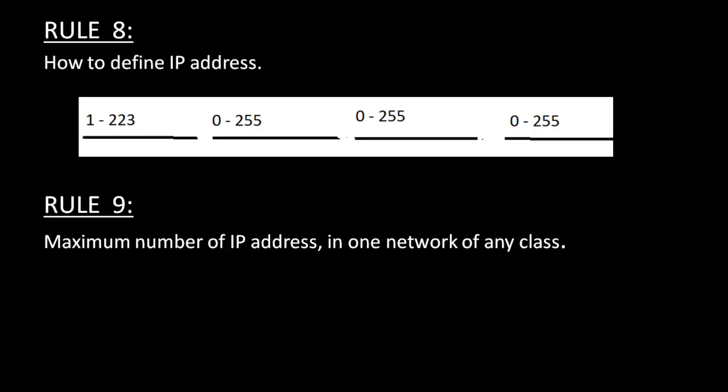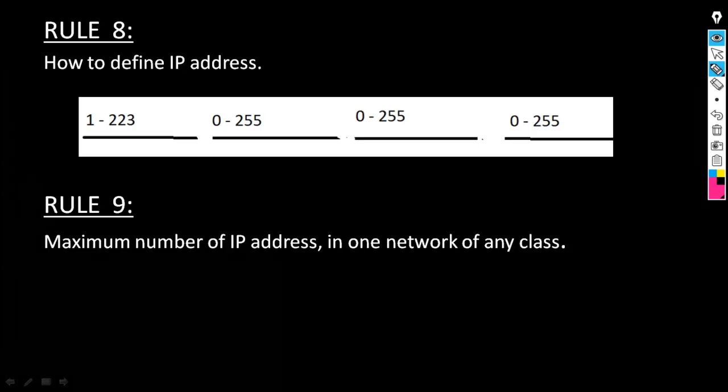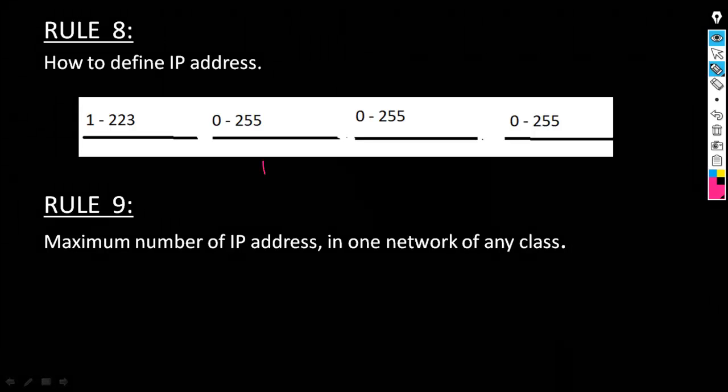So sometimes we can use 255 value in the last octet and sometimes we cannot. If it's the last IP, then we can't use it because it will be our broadcast address. Now let's say we have two IP addresses, that is 10.255.255.255.